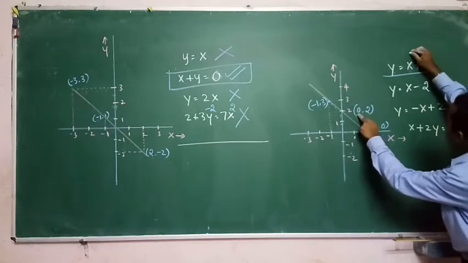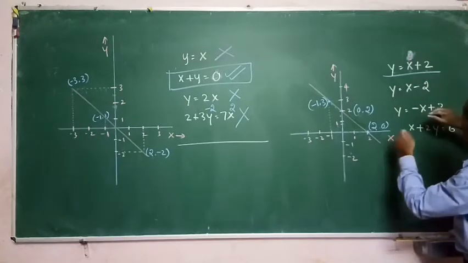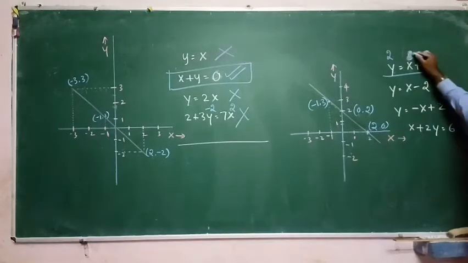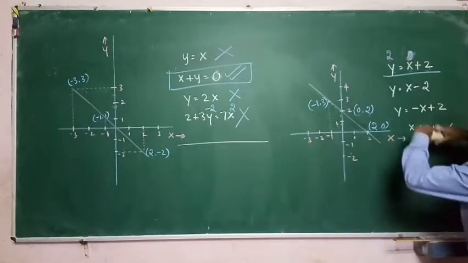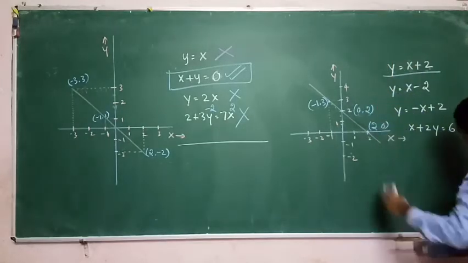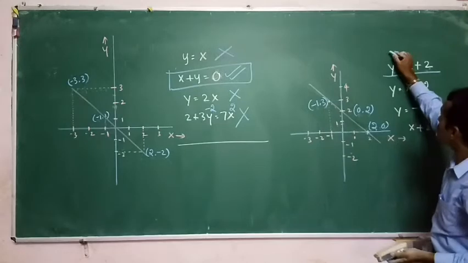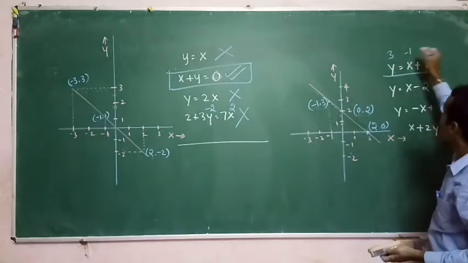X value is 0, y value is 2. Let me check. Am I right? 0 plus 2, answer is 2. This is correct. Let me check for another value. Y value is 3, x value is minus 1.